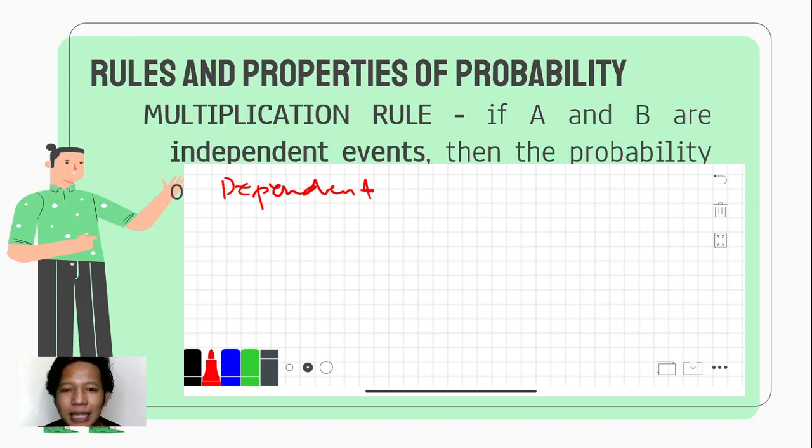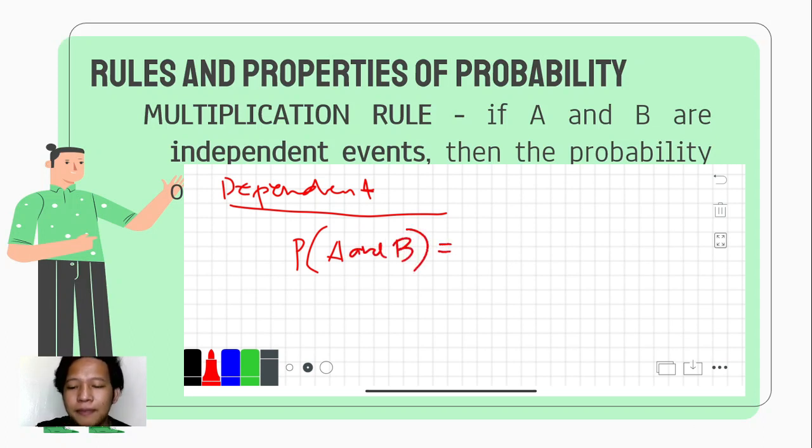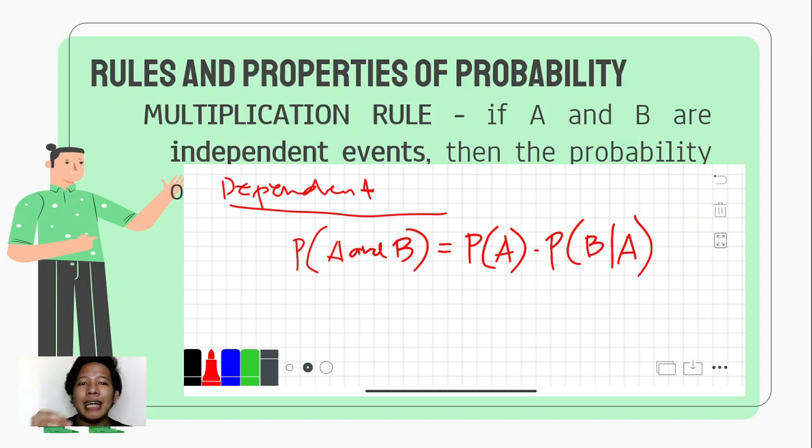So for us to get the probability of dependent events, we have the probability of A and B given that A and B are dependent events is the probability of A multiplied by the probability of B such that A already happens. So, kailangan nangyari na po si A.